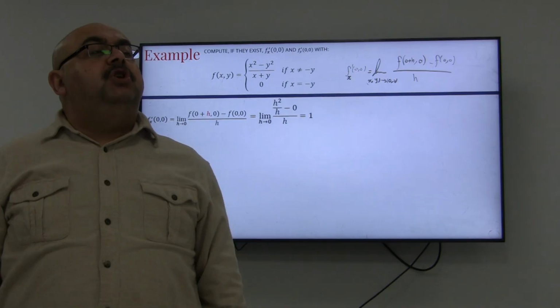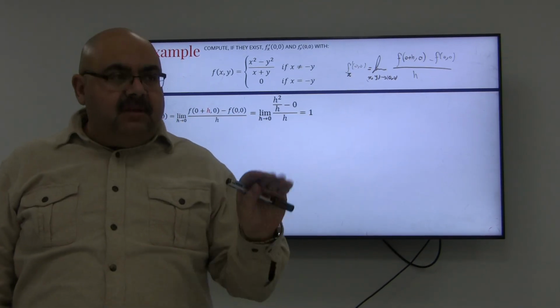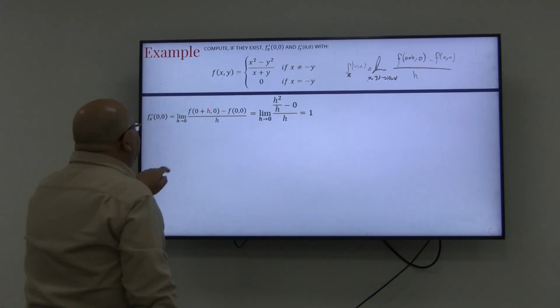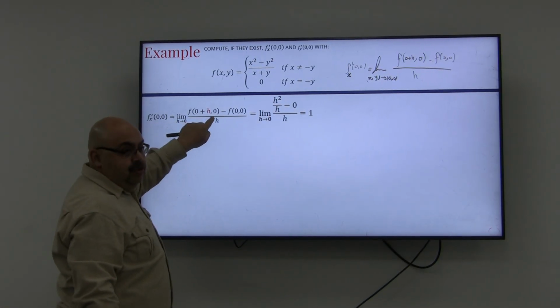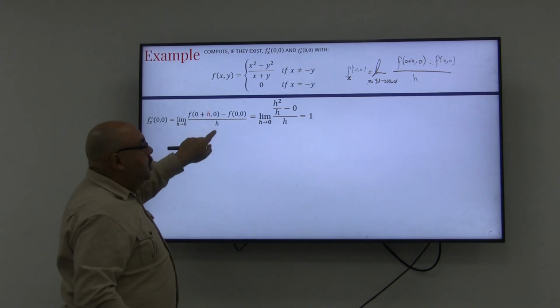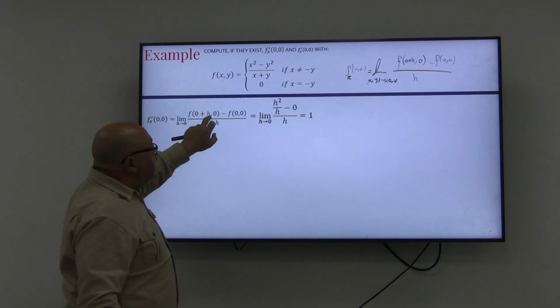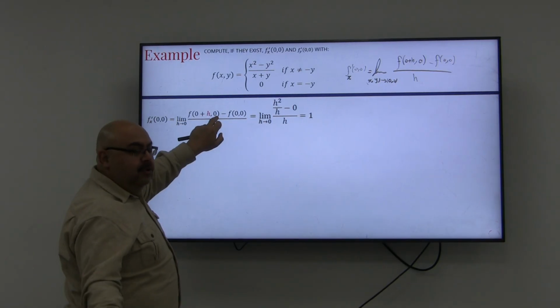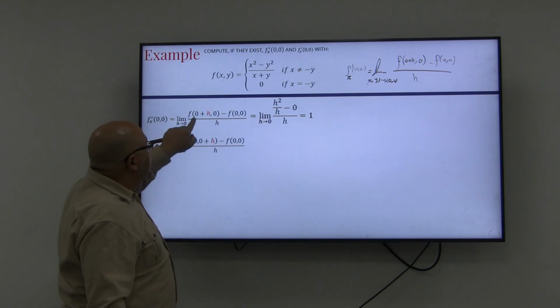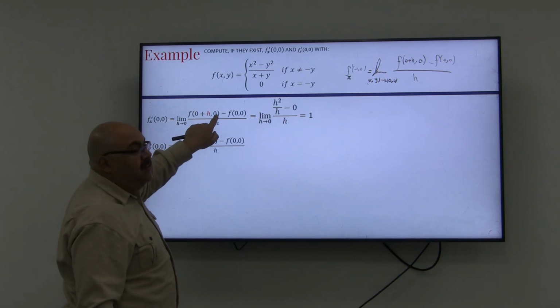Now I want to do the partial derivative with respect to y. Same law, but what will be the difference, Mr. Mohamed? Instead of 0 plus h and 0, in the y direction, the second coordinate, it will be f of 0 and 0 plus h. Are you with me? Once more, look, when I was in the x direction it was 0 plus h and 0.